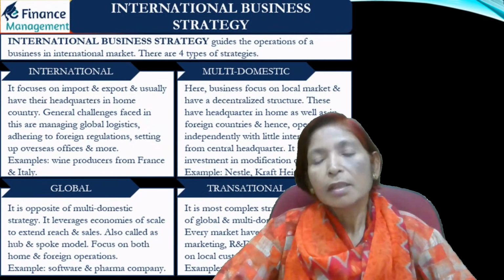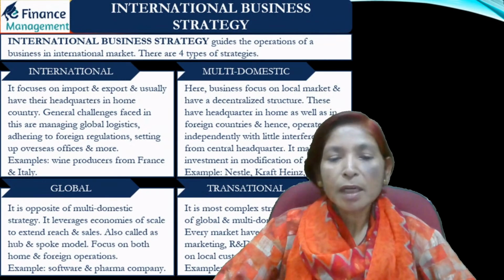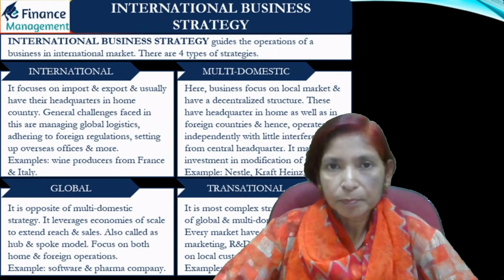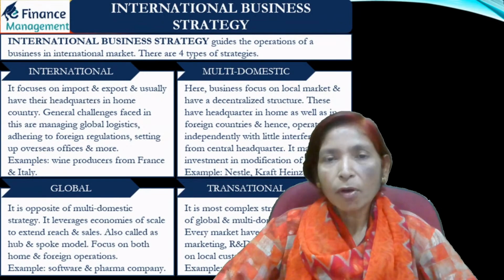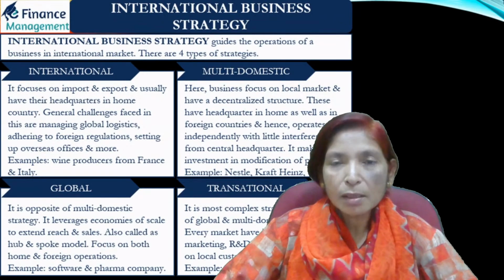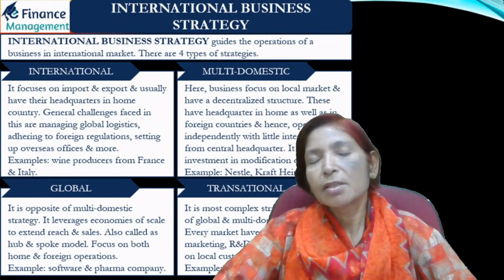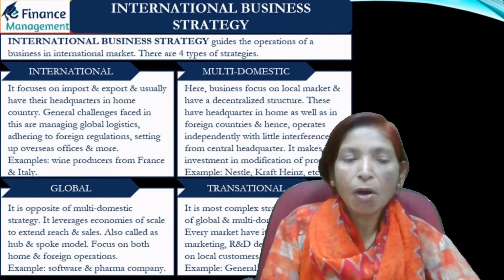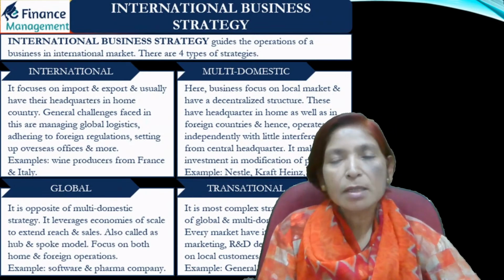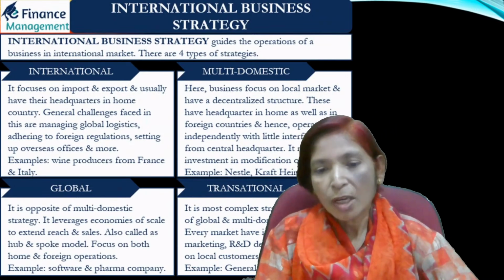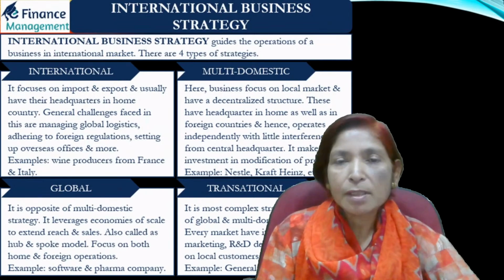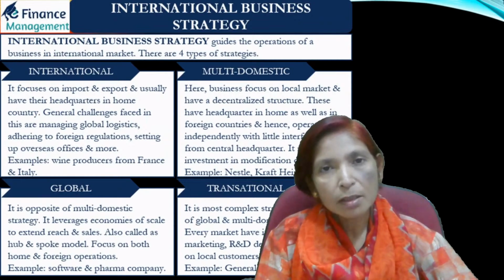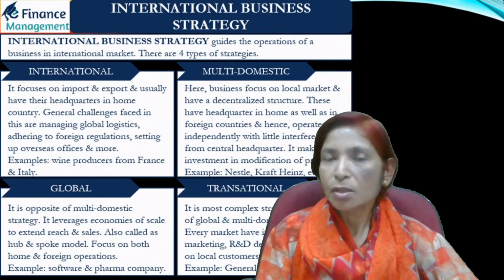Next, fourth is transnational. Transnational is the most complicated strategy. It is a combo, or combination, of global and multi-domestic strategy. And every market has its separate marketing, research and development department to focus on local customers.